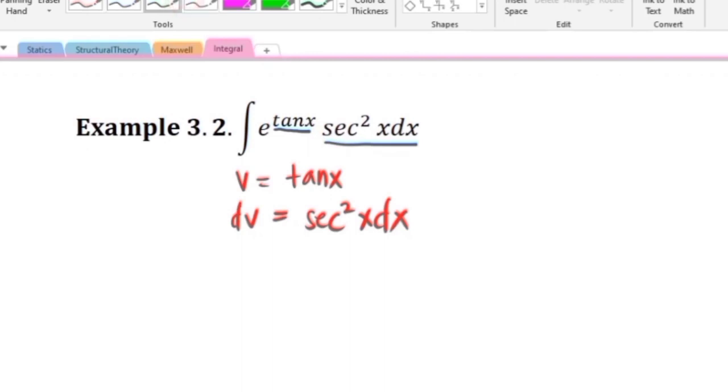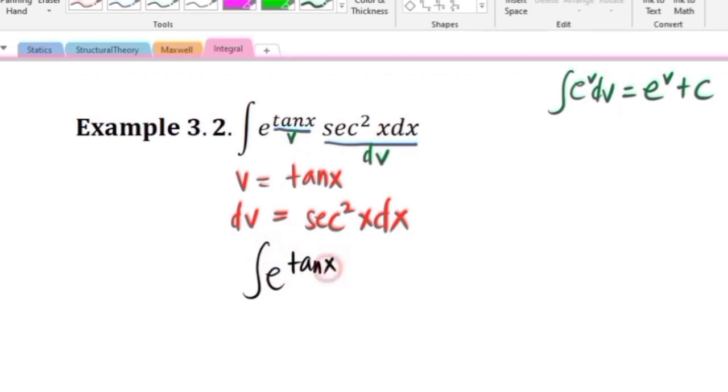So from our formula, we have the integral of e raised to v dv is just equal to e raised to v plus c. So this is our v, and this is our dv. Therefore, the integral of e raised to tangent x secant squared x dx is just equal to e raised to v, so that is e raised to tangent x plus c.